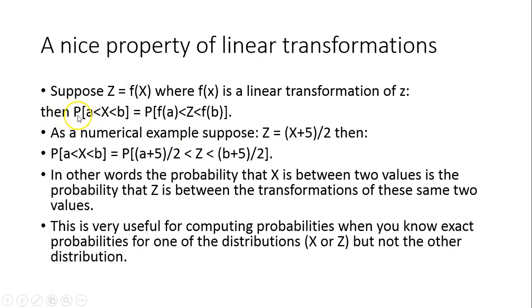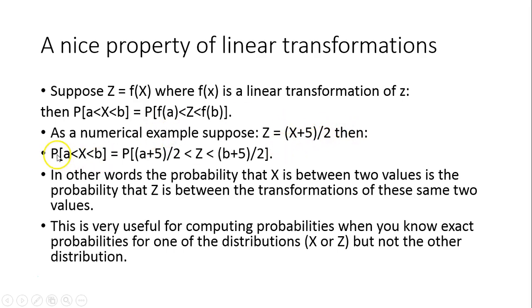Then, the probability that x is between a and b is equal to the probability that z is between f of a and f of b. Okay? As a numerical example, suppose that z is x plus 5 divided by 2. Again, this is a linear transformation.